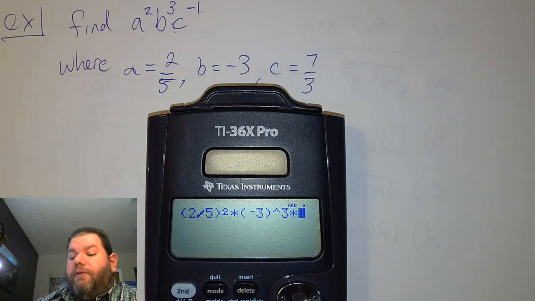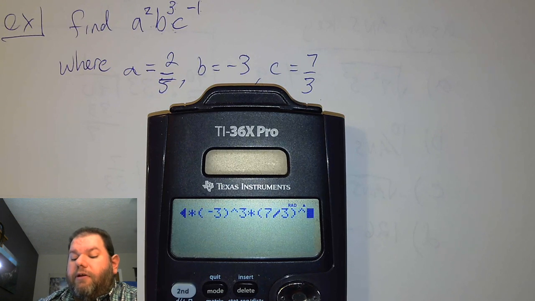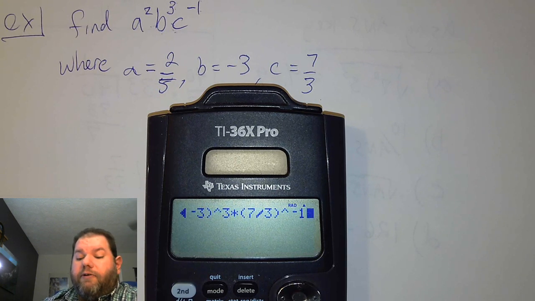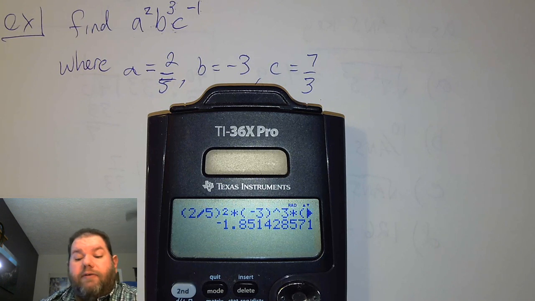And then times. And then we have c, which is 7 over 3. And that one is raised to the negative 1 power. Finally, we press enter, and it gives us our result.